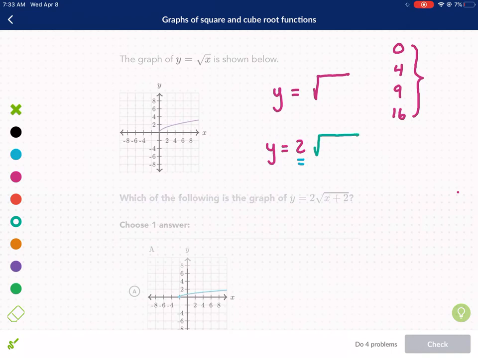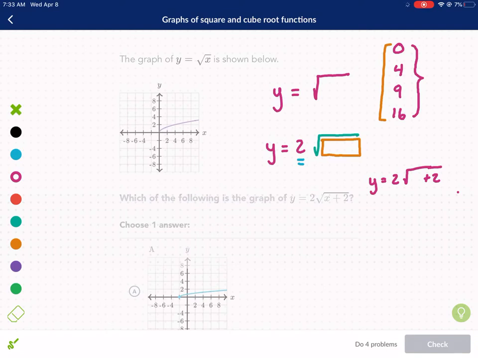So underneath this radical, we want this value to equal one of these 4. Let's think about that for a second. y equals 2 times the radical. Now the problem is we have this plus 2 on there.